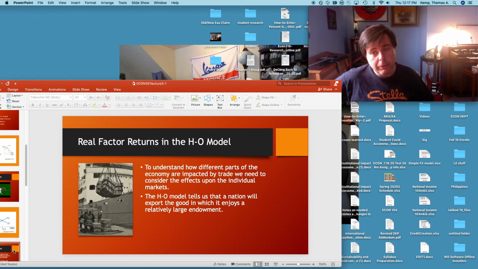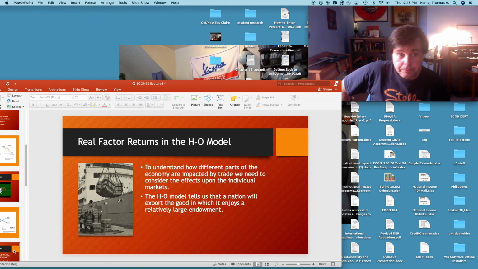And I'm going to show you these trade effects actually in the PPF style graphs, rather than just the supply and demand relationship. So I'll show you how to do that in class, show you what those results look like. All right, so moving forward.